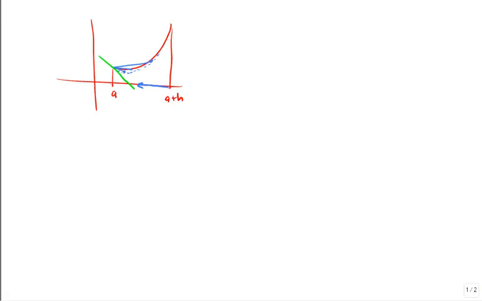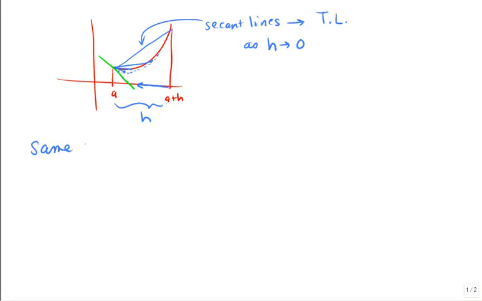So all these secant lines approach the tangent line as the distance goes to 0. Remember, h is the distance between a and a plus h. And the same way you can explain f of x minus f of a over x minus a. Again, that's a slope formula. It's the difference in the y's over the difference in the x's.